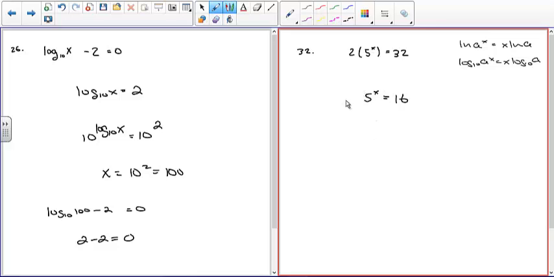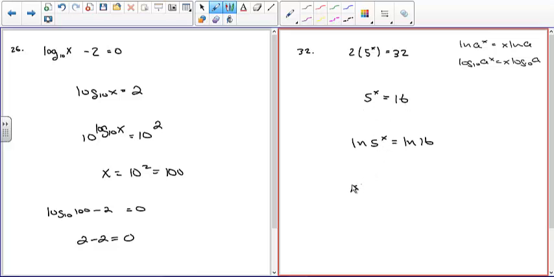So when the variable is in the logarithm, then you typically have to choose the correct base to match the logarithm. But when you're doing exponential functions, you don't have to use log base 5. You can just use the natural log, and that's the easiest thing to do because it's so readily available in your calculator. So I take the natural log of both sides.